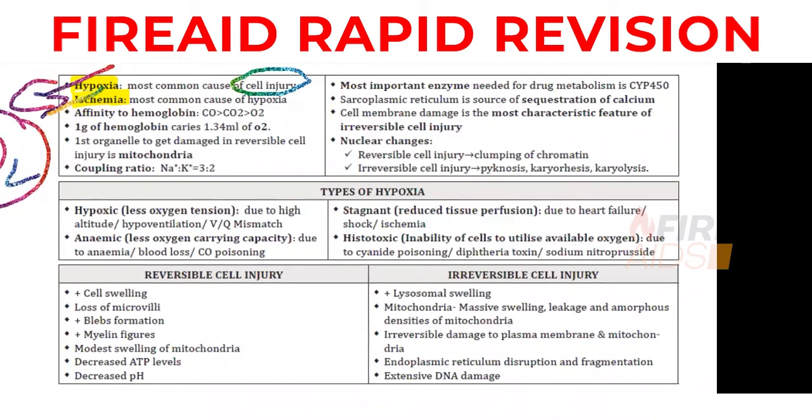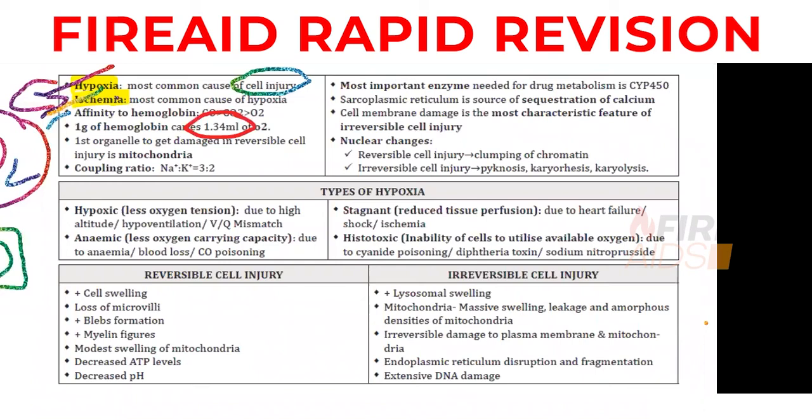Then comes affinity to hemoglobin. Hemoglobin affinity is more with carbon monoxide, more than carbon dioxide, and more than oxygen. So you need to remember it is more with carbon monoxide. Then the next MCQ: 1 gram of hemoglobin carries how much ml of oxygen? 1.34 ml of oxygen.